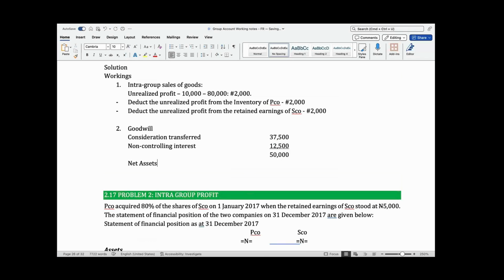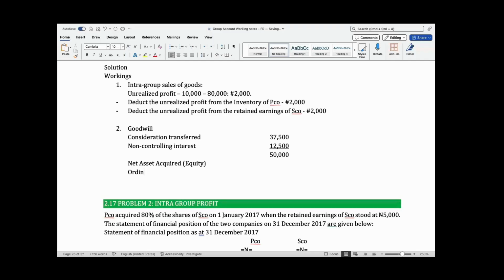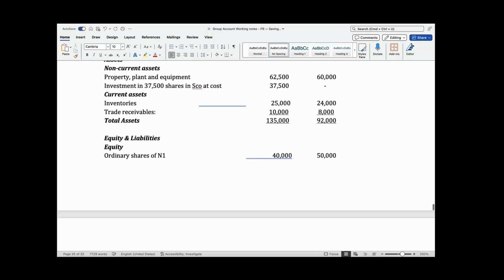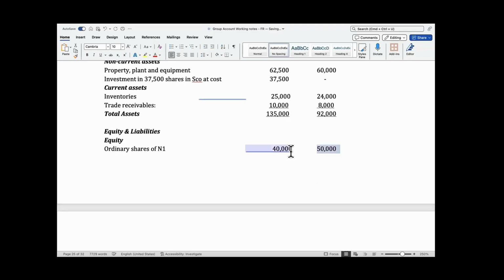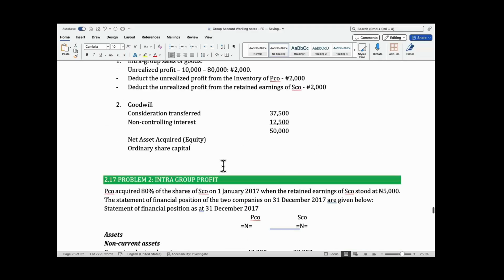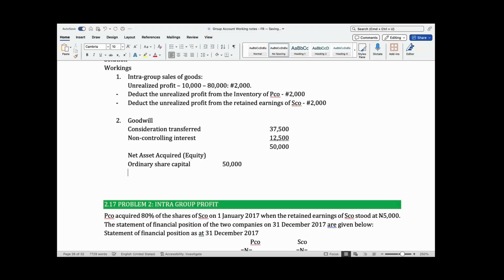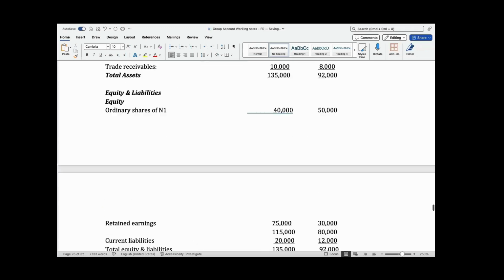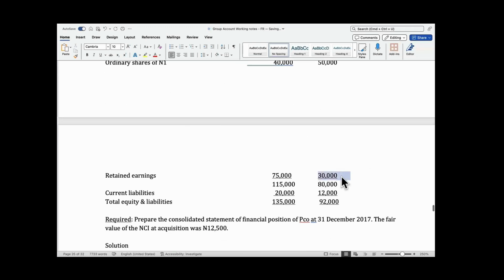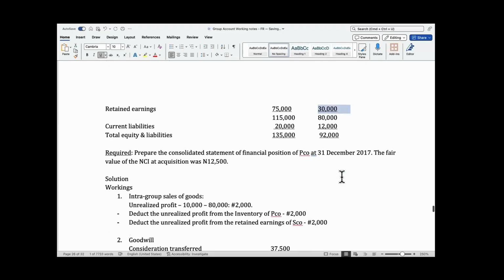We'll cancel that out against the net assets acquired at the date of acquisition, which is the same thing as the equity of the subsidiary, which comprises the ordinary share capital. And what's the ordinary share capital of the subsidiary? 50,000. Against the pre-acquisition retained earnings of the subsidiary.